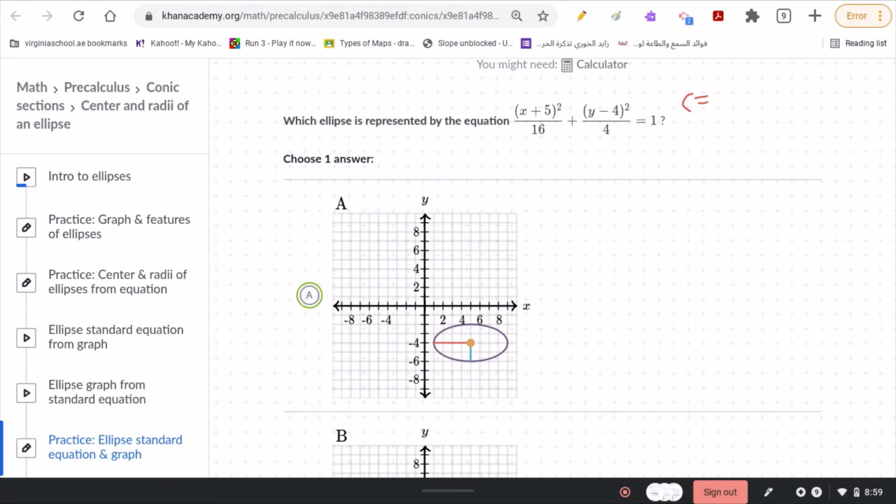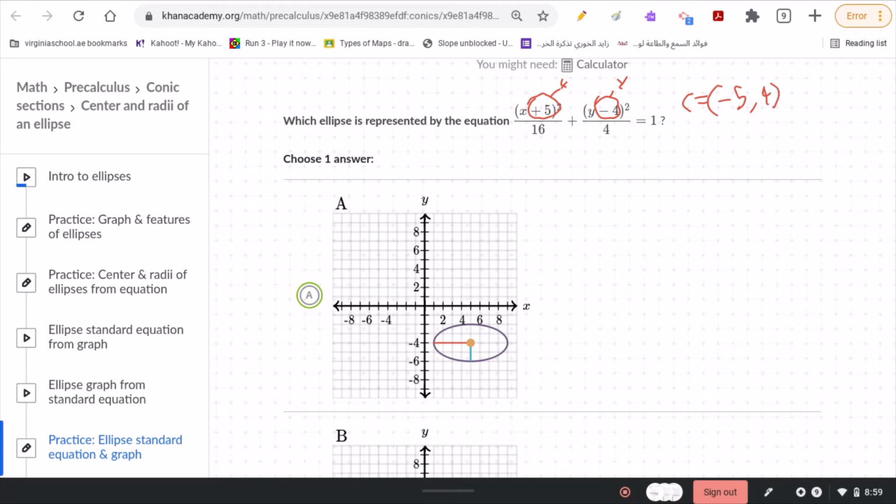Here we have a +5 and here we have a -4. Here is the x and here is the y. Always we need to swap the sign before it, so it will be -5 and 4 for the center.